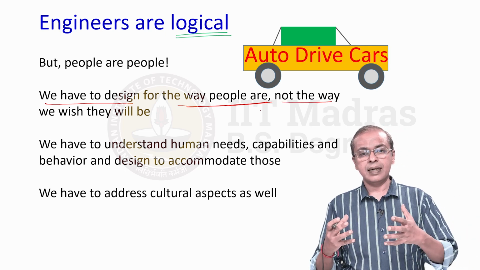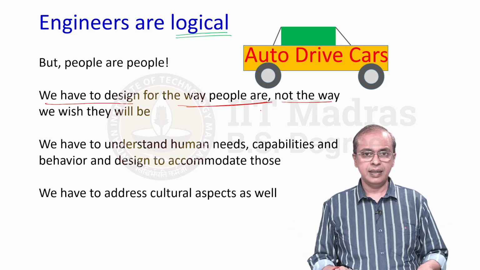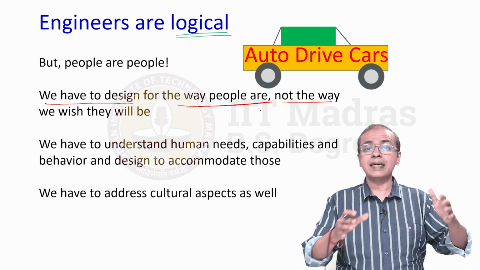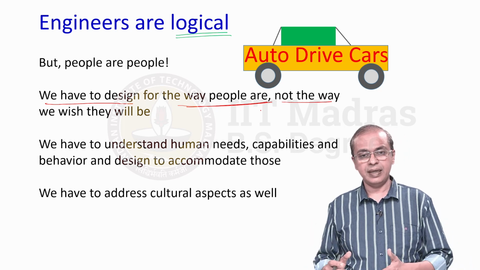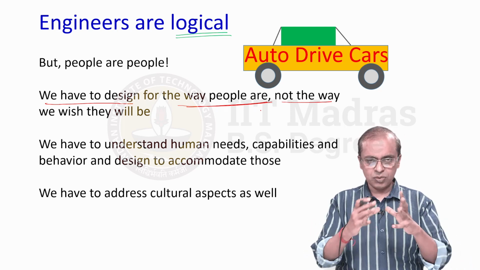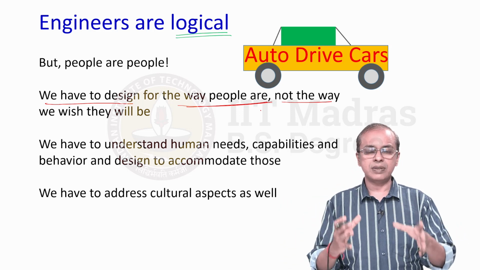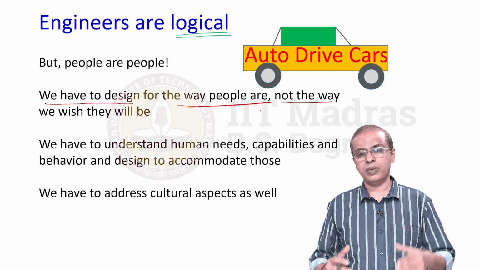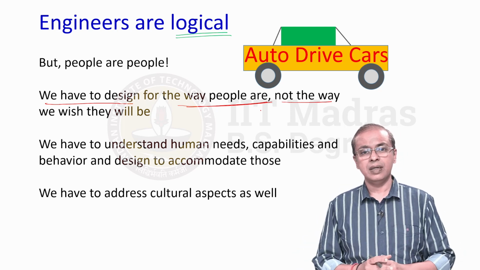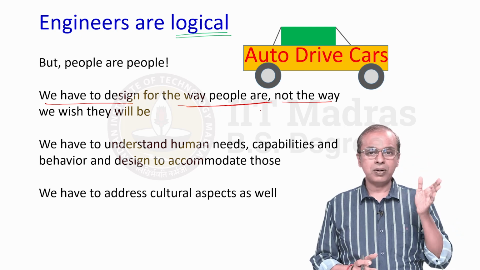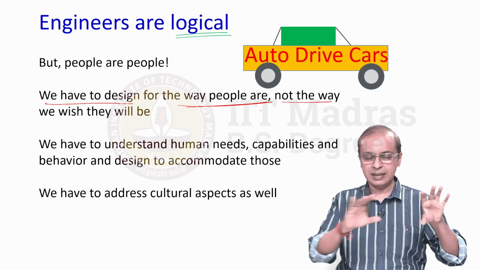So we have to design keeping in mind that today people behave in a certain way, they dress in a certain way, they like doing things in a certain way, they have this level of patience. There is a framework of things that we associate with a human being as the person exists today. So we have to design for that framework, not simply say that, as per my logic, this has to happen first, then that has to happen, then the other thing has to happen, so I will design it in this linear fashion.